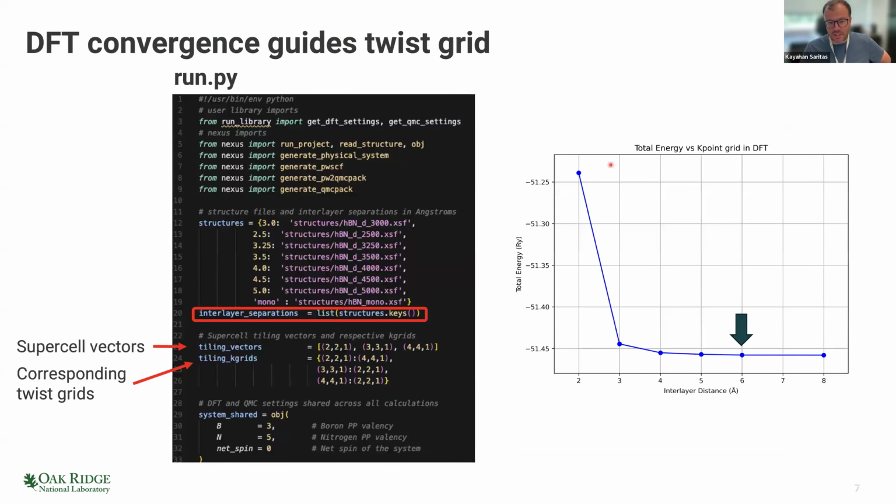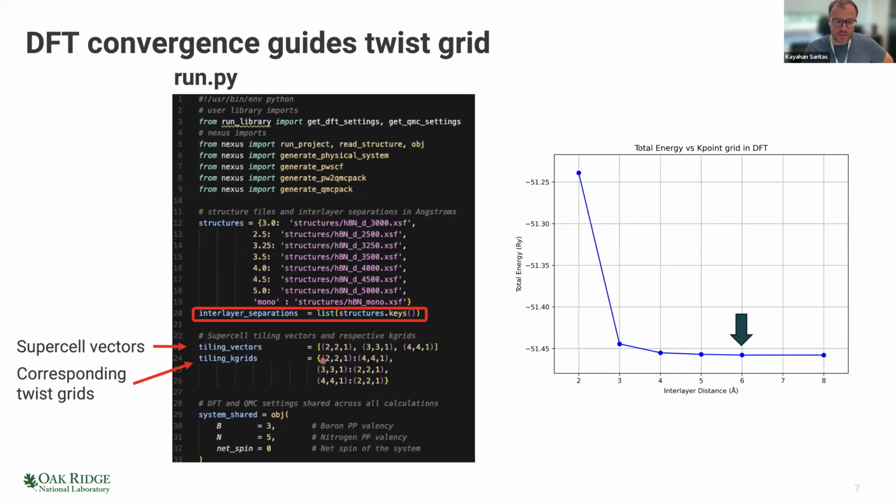Again, going back to the K-point convergence, the simple test that I mentioned. Although the x-axis says interlayer distance, I'm sorry for my mistake. It should have been the K-point density, which is n by n by 1. We find that the convergence is sufficient at 6 by 6 by 1.